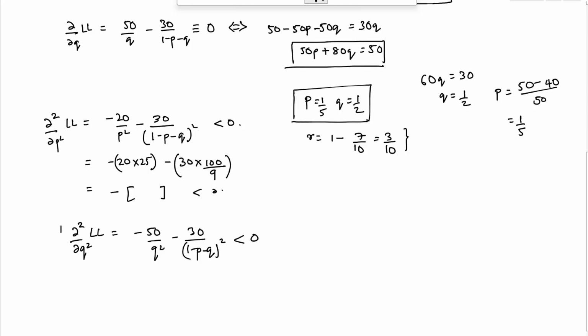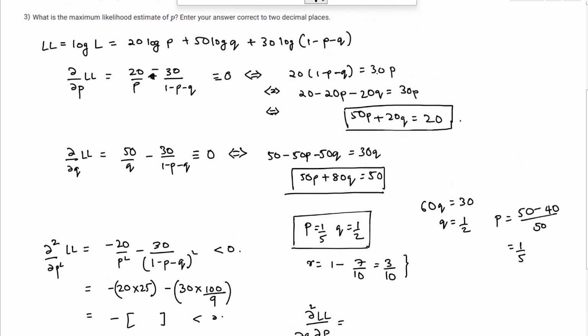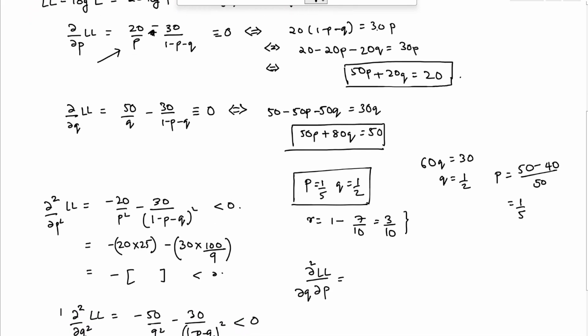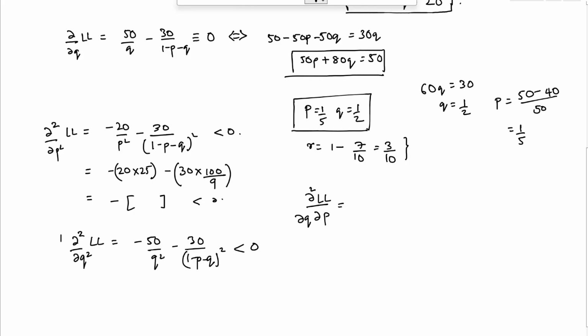Now we have to look at two more terms. What are they? Consider the log likelihood. You first take derivative with respect to p and then with respect to q, right? So essentially you have to take derivative of this with respect to q, which will be minus 30 by 1 minus p minus q whole square.